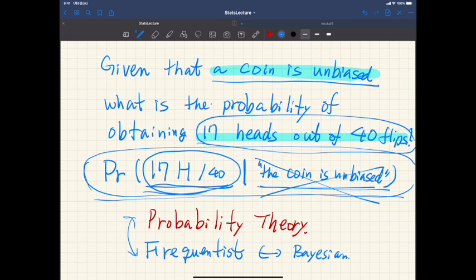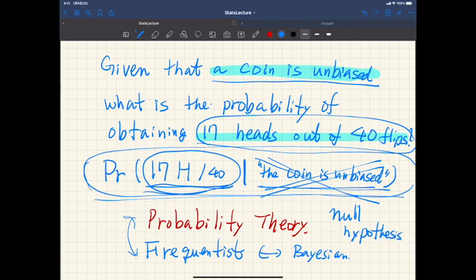Then if the probability is very small, we reject the hypothesis because it is unlikely to happen based on the hypothesis. This hypothesis is called the null hypothesis.